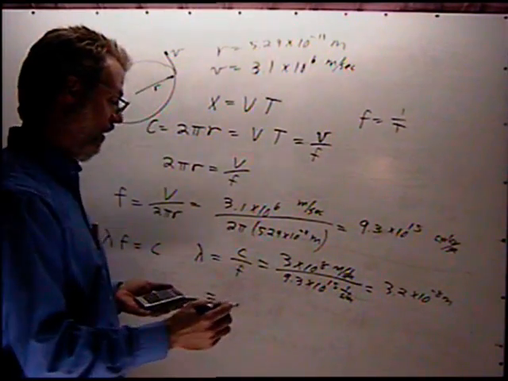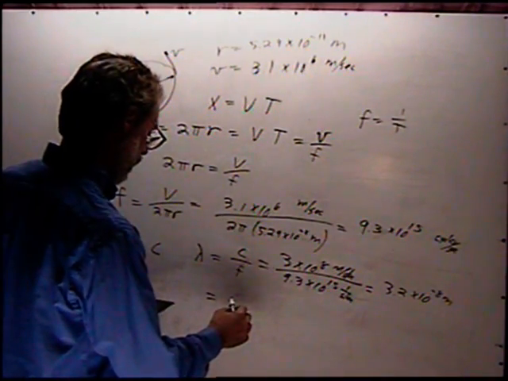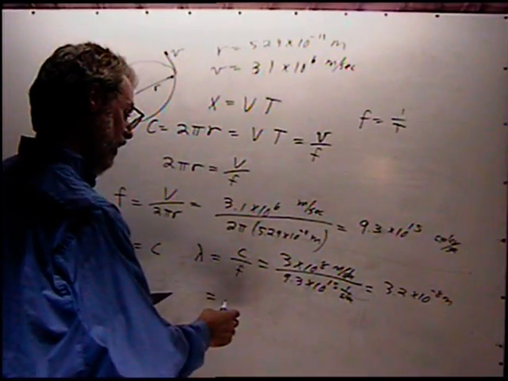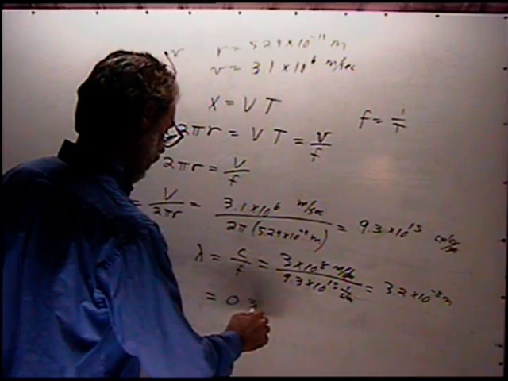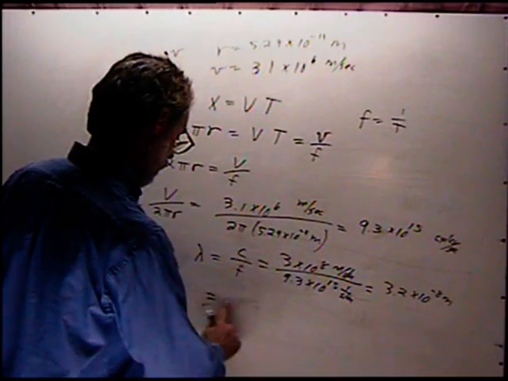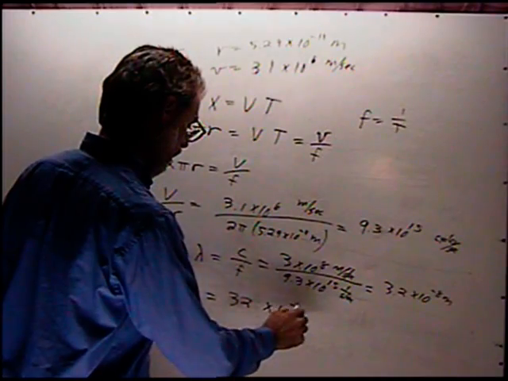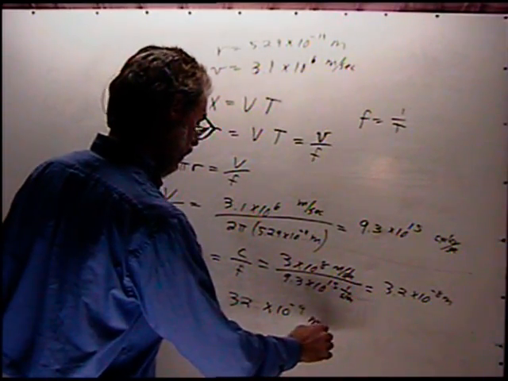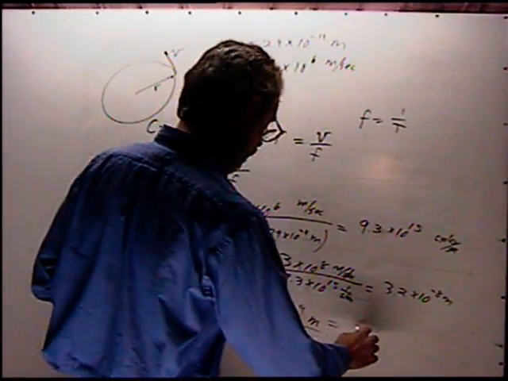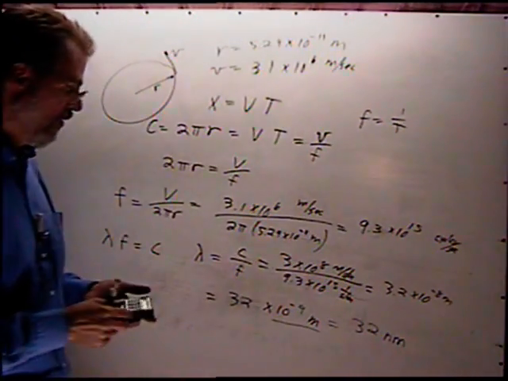That's 32 times 10 to the minus 9 meters. The 1 times 10 to the minus 9 meters is a nanometer. That's 32 nanometers.